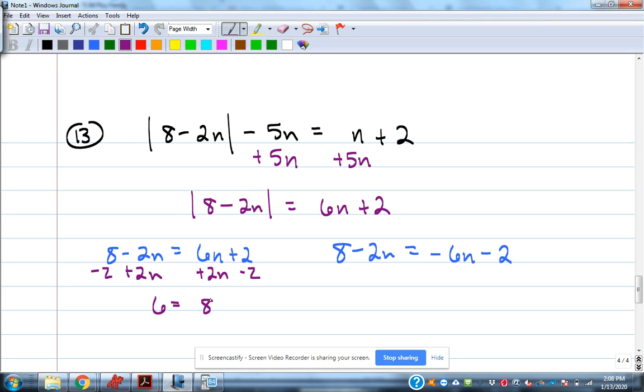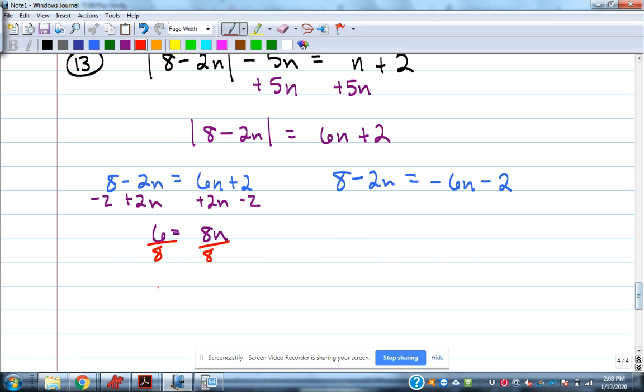6 is equal to 8n, which is almost the same thing we got a while ago. Yeah, it says 3 over 4 instead. Let's write the right number down. How about 8? And then 6 over 8 reduces to 3/4. So we get a fraction answer, and that's okay. That happens. And then we're adding 2n.